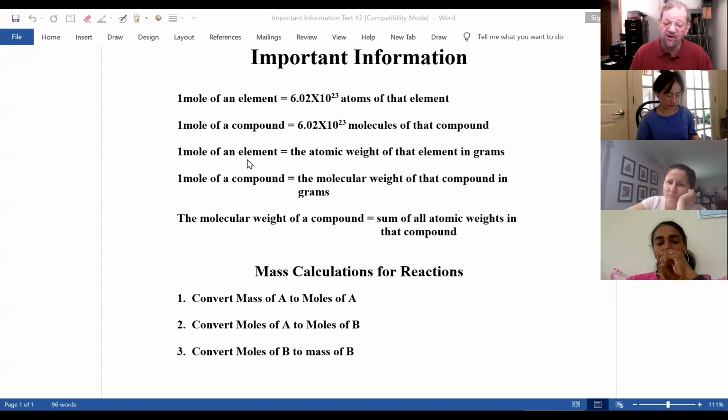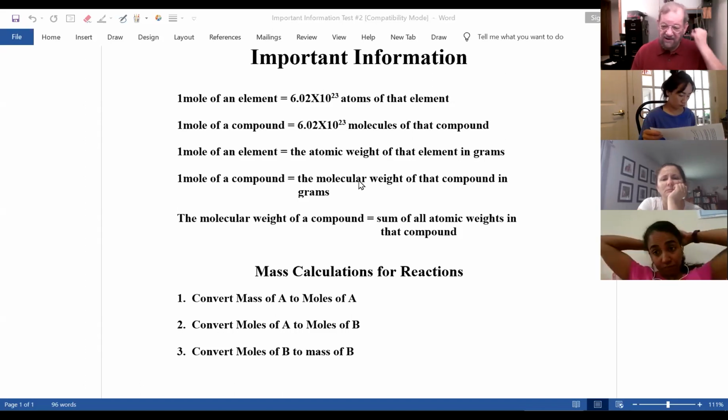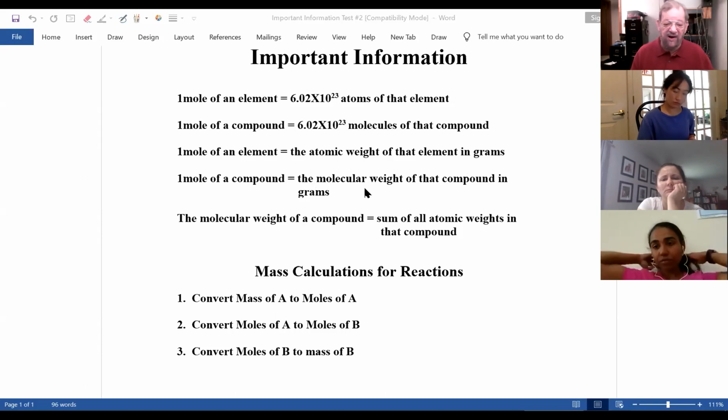Now, also 1 mole of an element equals the atomic weight of that element in grams. You can use other ones too, but for this class, I'm going to stick to grams. And 1 mole of a compound equals the molecular weight of that compound in grams. And finally, the molecular weight of a compound is the sum of all atomic weights.